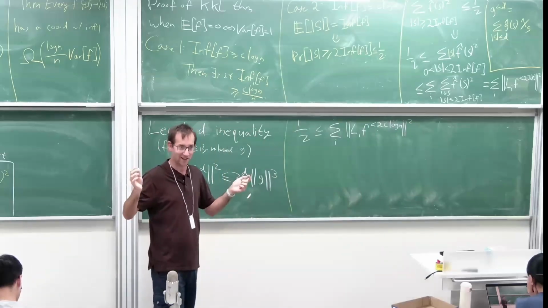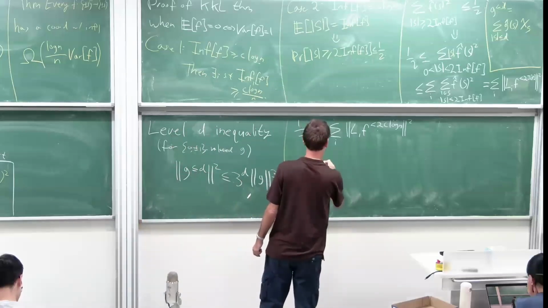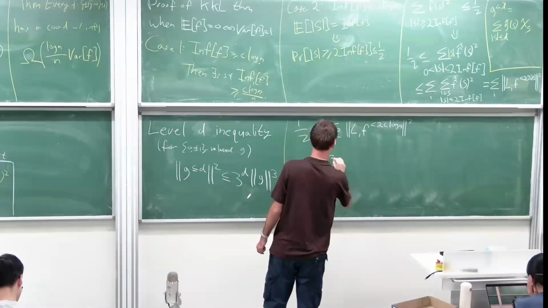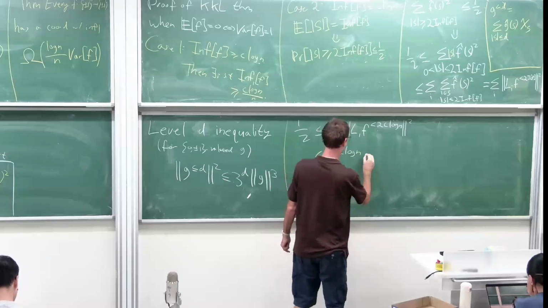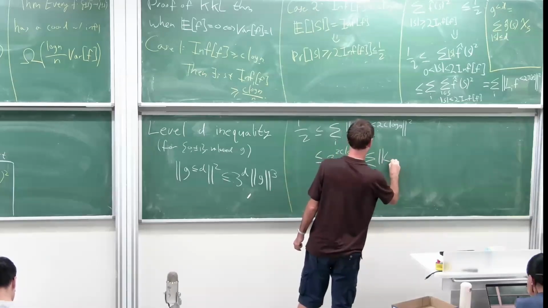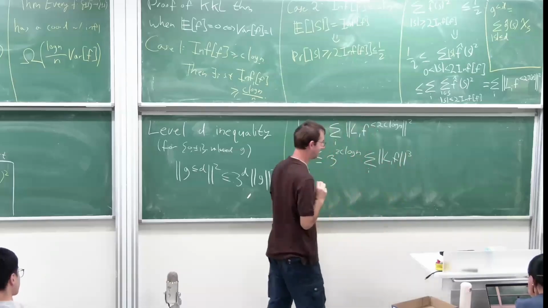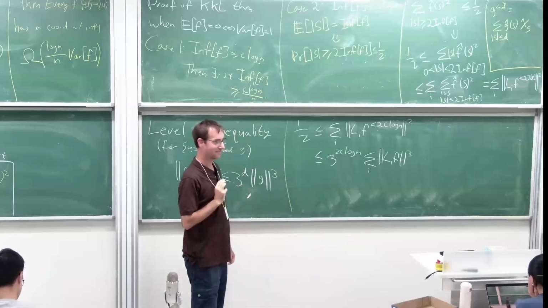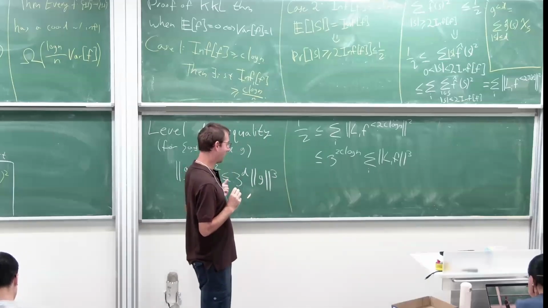That's why I wrote k. So it's at most 3 to the 2c log n times the sum of the LIF squared. Yeah, I'm just copying what's written here.